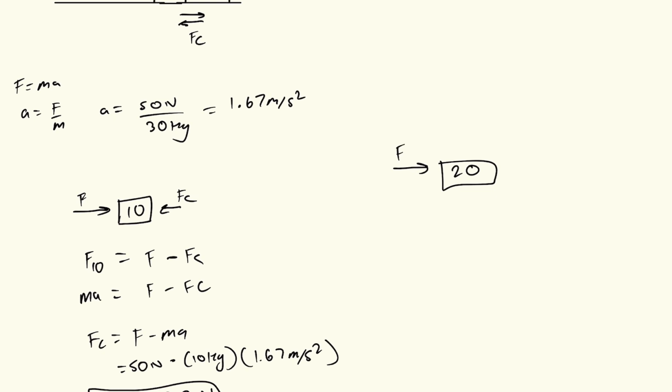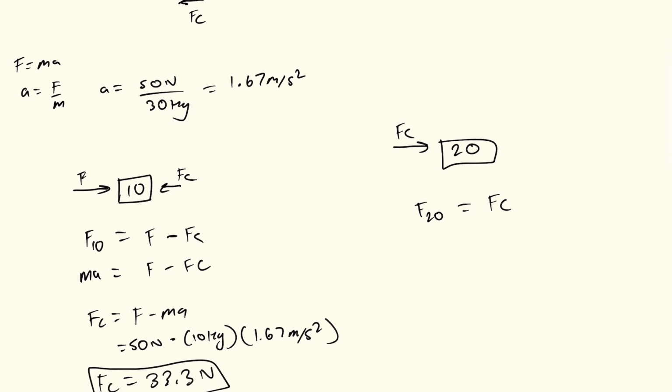If that's the only force hitting it, our net force equation is going to look a little different. The net force of the 20 kilogram block is equal to FC, and it's positive because it's the direction the block is moving. So mass times acceleration is equal to FC.